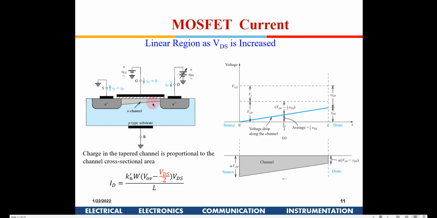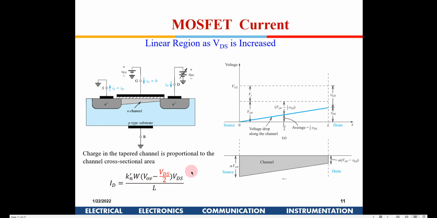Now you add these two and take the average, assuming a straight line here and a perfect trapezium. So you add VOV plus VOV minus VDS divided by 2. So this area, we will get VOV minus VDS by 2. This is the equation of the current for VDS slightly increased. So I get the second current equation.